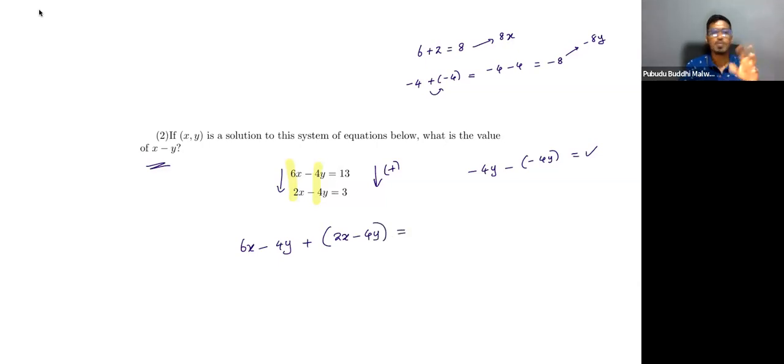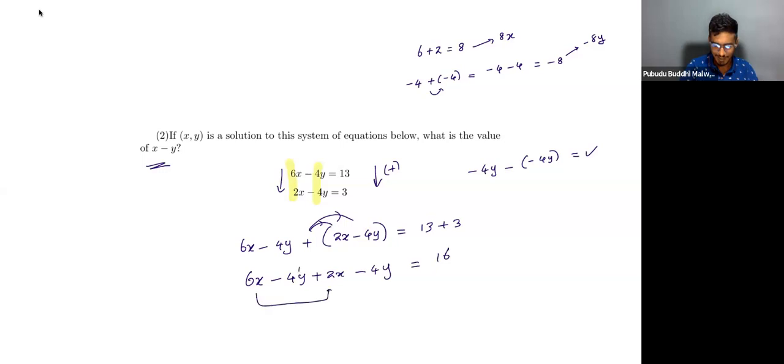When you're subtracting, please put a bracket like this. For addition, it's not necessary, but worth putting a bracket. We multiply by this plus sign, nothing will change. Then simplify like terms: 8x minus 8y. We found that actually here.